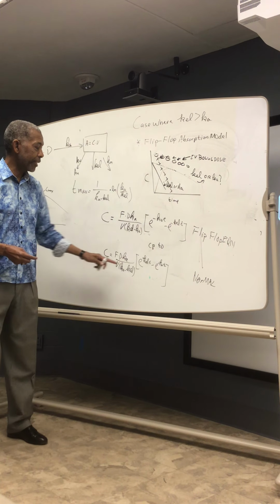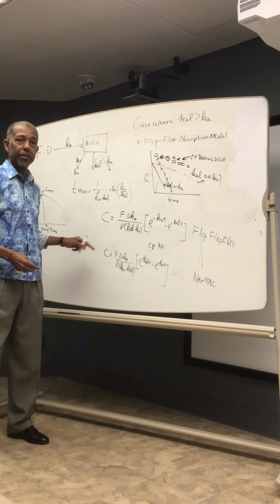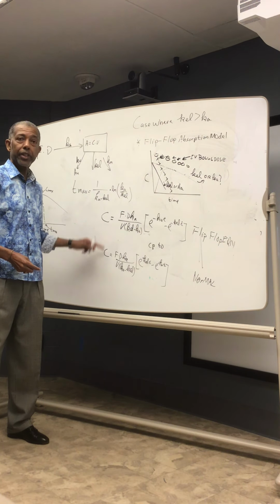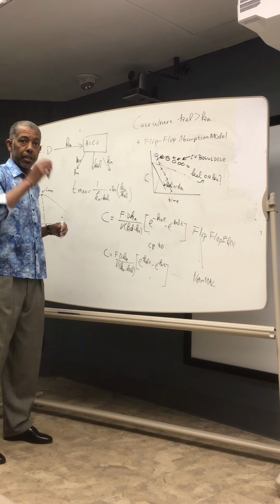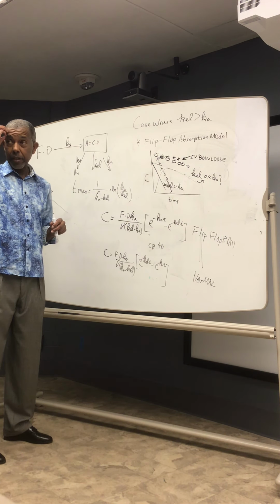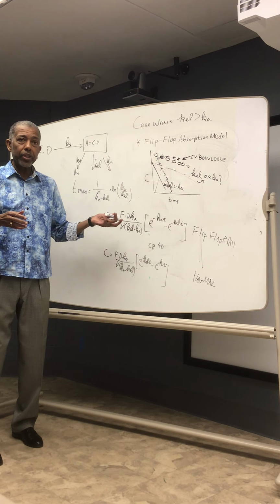So you're using the same value, you're just changing them around for Ka and KEL. And calculate the concentration at the same time that you used in this equation. You're going to get exactly the same concentration. So that's why these curves look exactly alike. Does everybody understand what I just said? You can choose any values you want to.